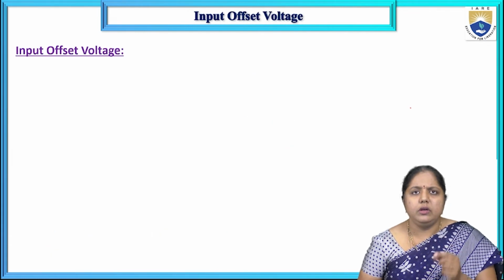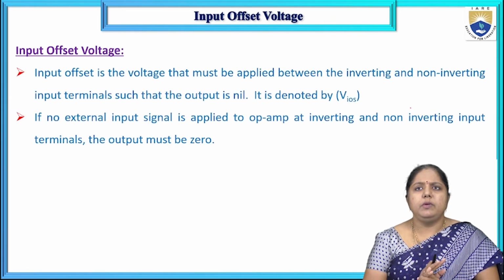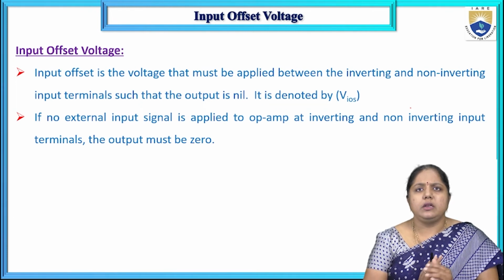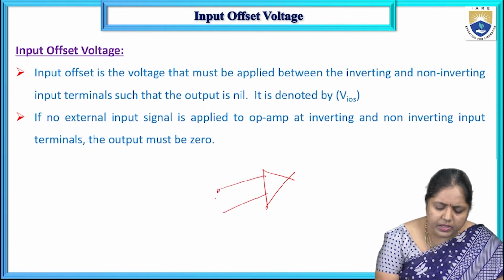Now let us go to the third property, the input offset voltage. What is the input offset voltage? Till now we are saying that for the operational amplifier, the difference between the input voltage values is equal to 0.